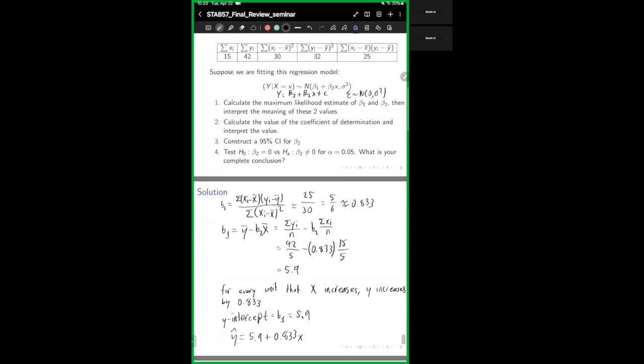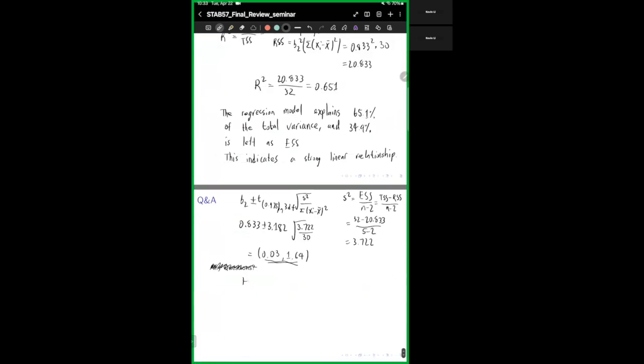Our null hypothesis is beta 2 is equal to 0. Since 0 lies outside of this confidence region, since 0 is less than 0.03, which is the lower end, 0 is not inside 0.03 and 1.64, which means that we reject the null hypothesis. So we're in favor of the alternative hypothesis that beta 2 is not equal to 0.